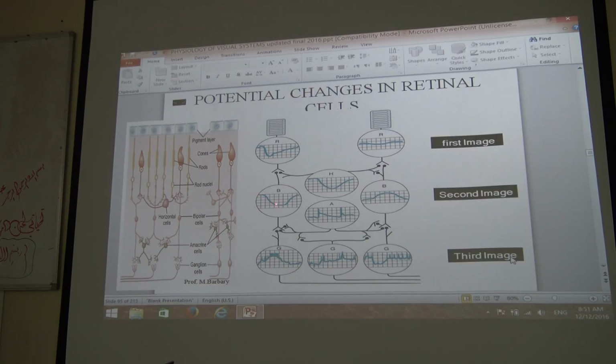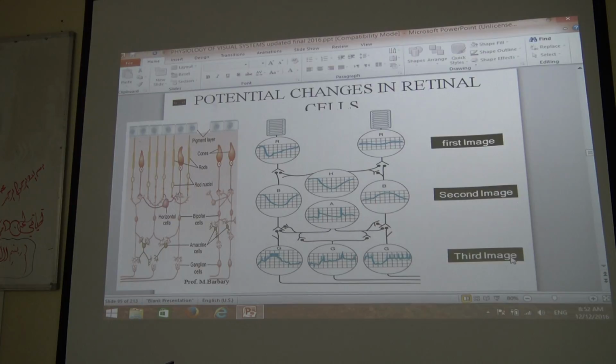The bipolar cell responds by depolarization or hyperpolarization. And this response leads to increased range of sensitivity and fine discrimination of contrast. You have discrimination of fine contrast by the bipolar cell, and increased range of sensitivity to illumination.